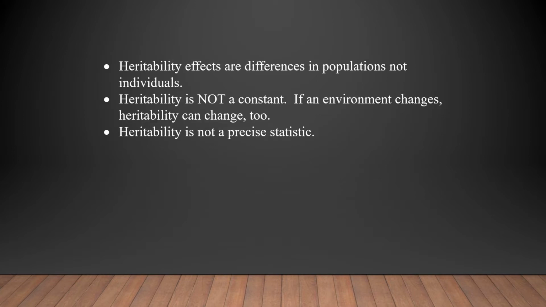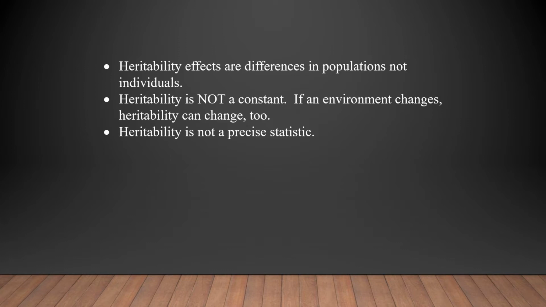So a couple of things to note before we talk specifically about some of the techniques. Heritability effects are different in populations and not in individuals. So, for example, you could be talking about a pygmy tribe of humans in Africa.